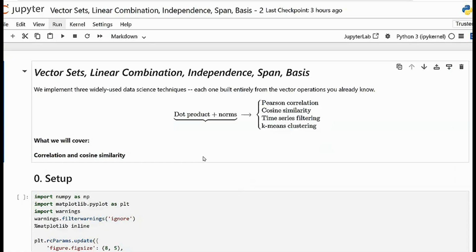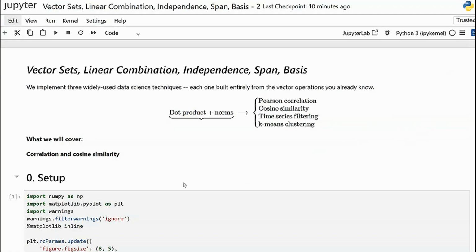Okay, till now we have discussed the foundation of this: vector sets, linear combination, independence, span and basis. So let me just implement three widely used data science techniques: Pearson correlation, cosine similarity, time series filtering, and lastly k-means clustering.